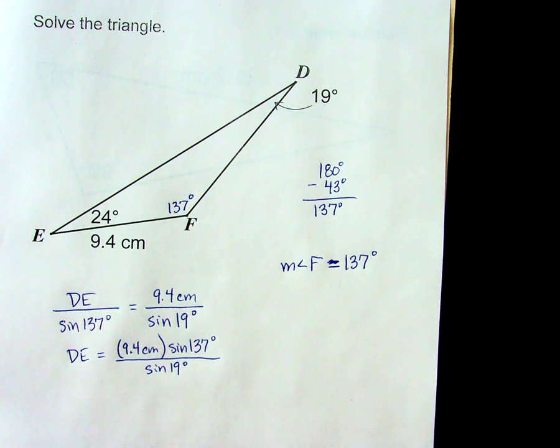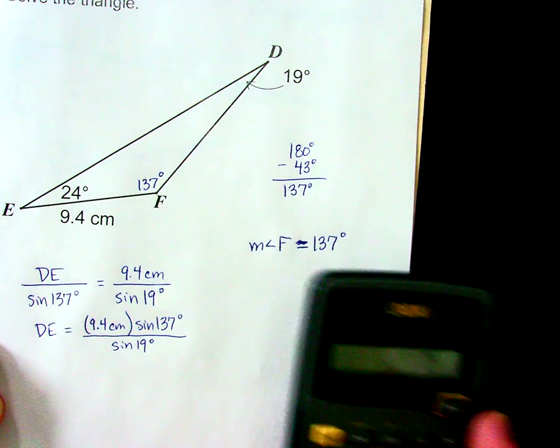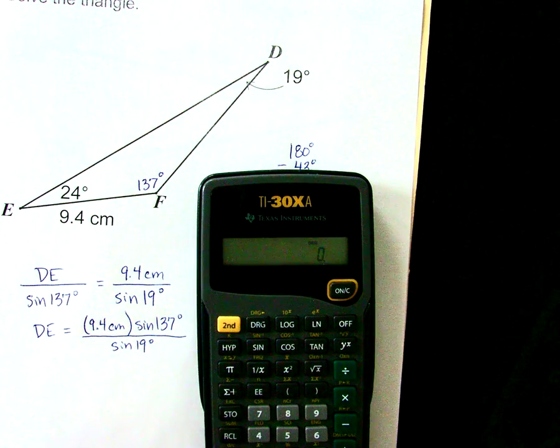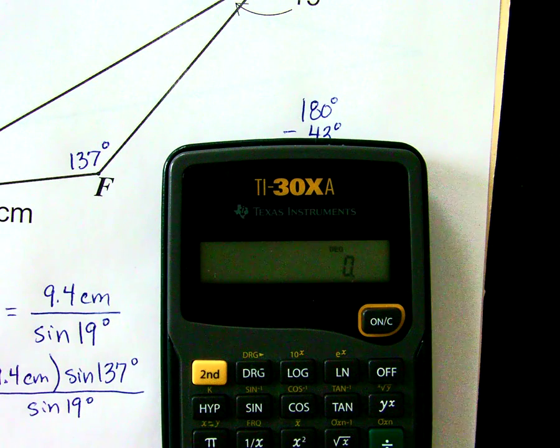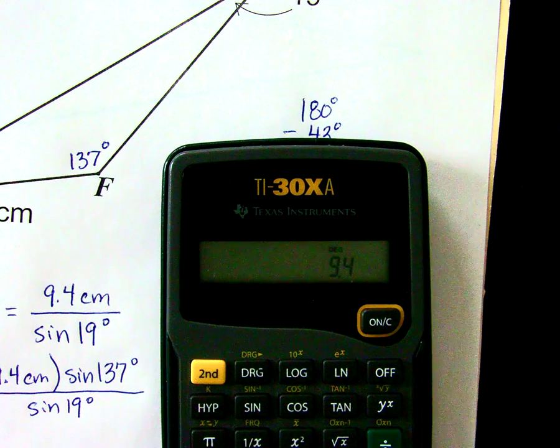If I do that on my calculator, 9.4 times, I have to do the angle first, 137 sine, divided by 19 sine.